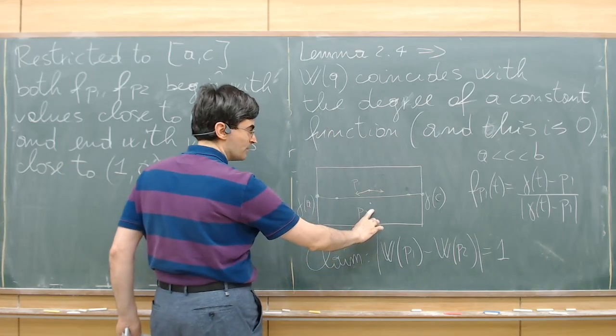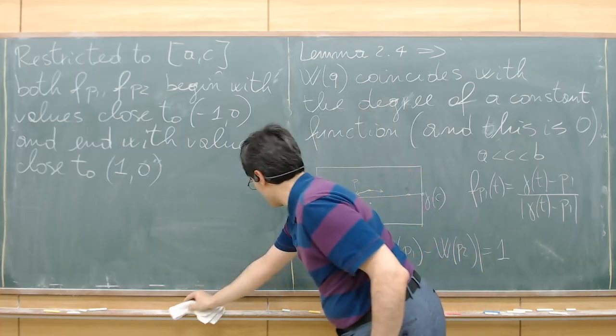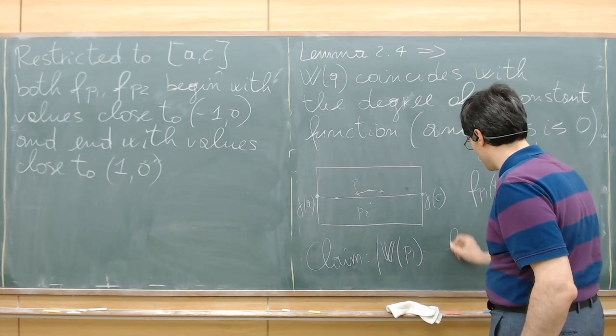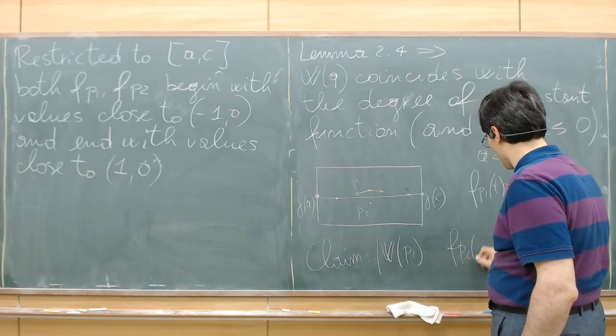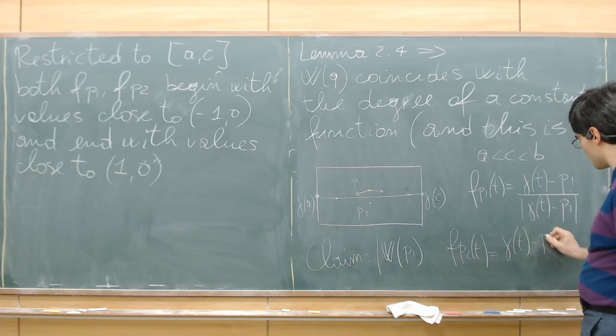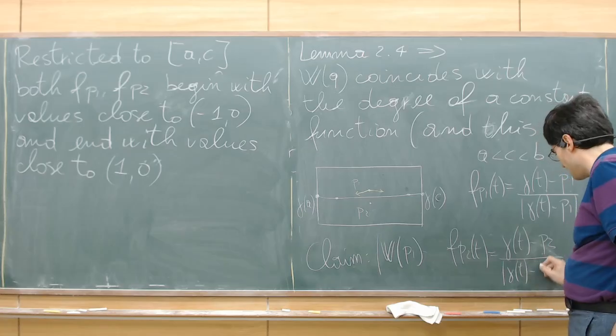What about f_P2? f_P2 of t is gamma t minus p2 over the length of gamma t minus p2.